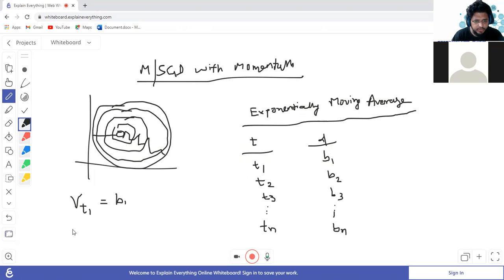The value at time t2 is what? b2. But instead of this, we will write it as some gamma into v of t1 plus b2.